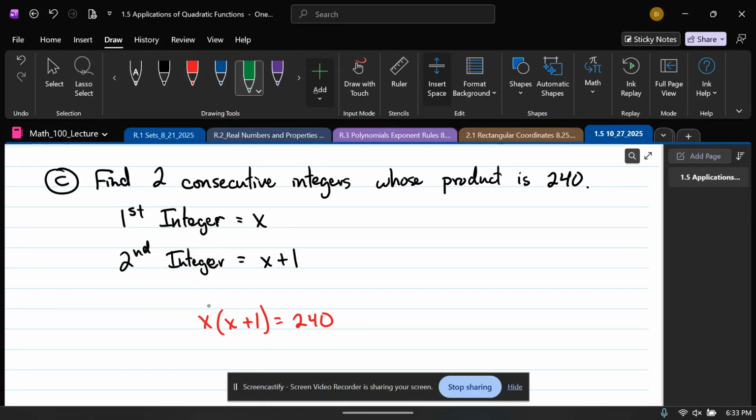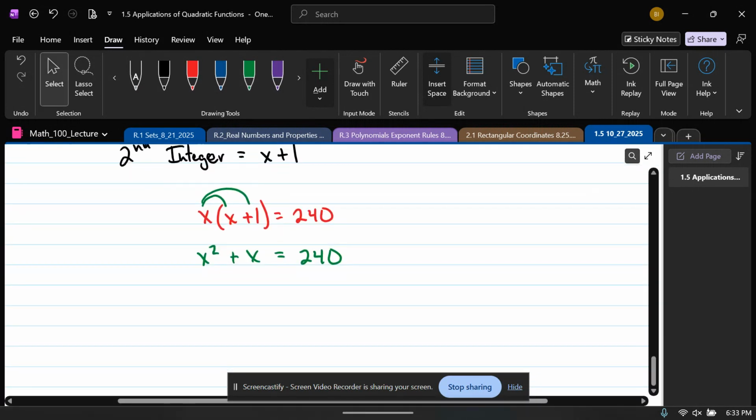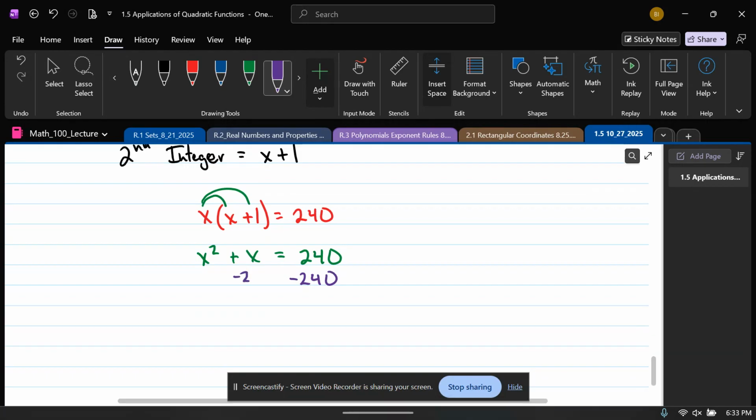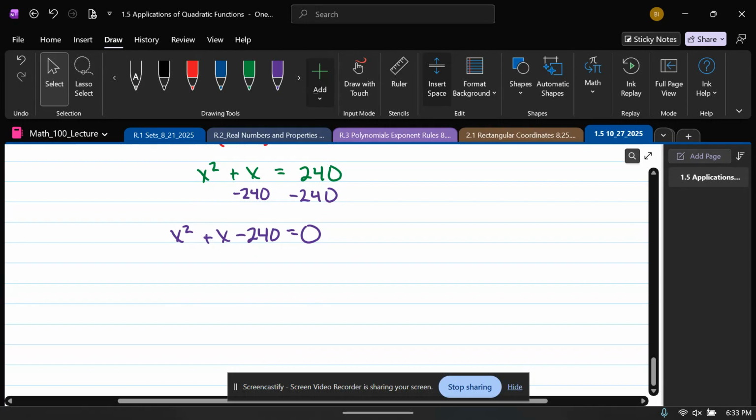Distributive property. Get it equal to 0. And then either factor it or use the quadratic formula. I'm going to do the quadratic formula.